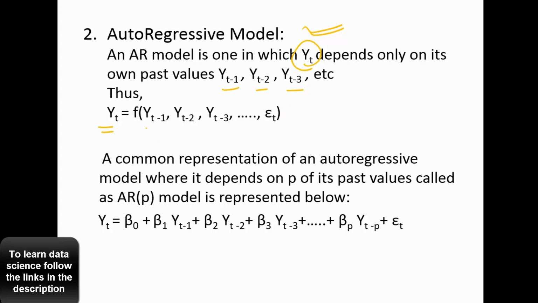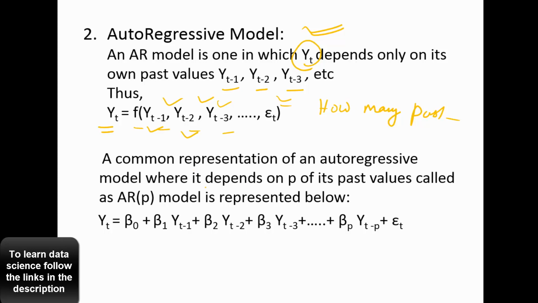So yt is a function of the different past values, yt minus 1, yt minus 2, yt minus 3 and so on, and the error term. But now the question is how many past values to use, right? That's the main important thing. Will you take only yt minus 1? Will you also take yt minus 2? We'll see how we determine that.